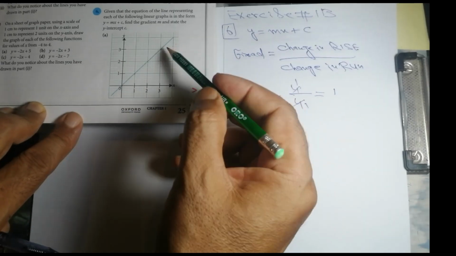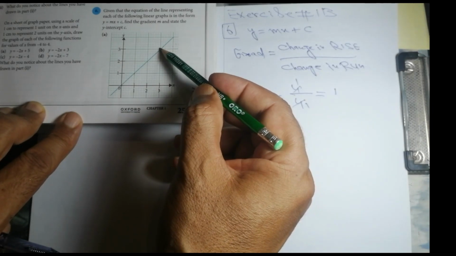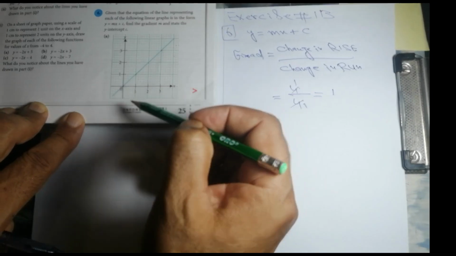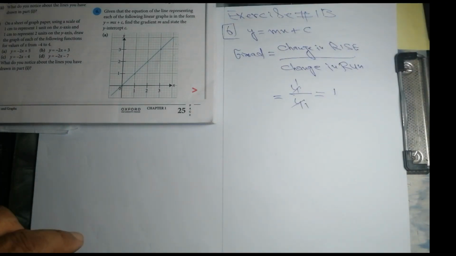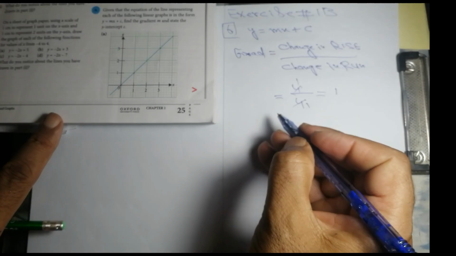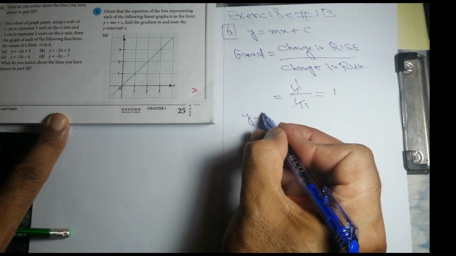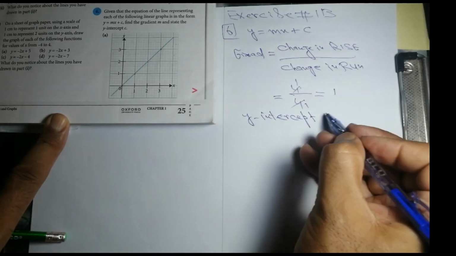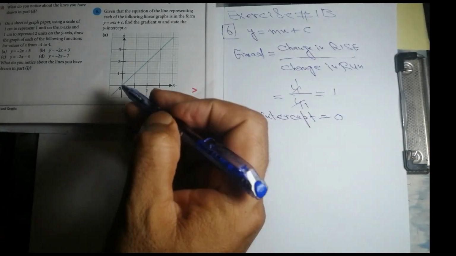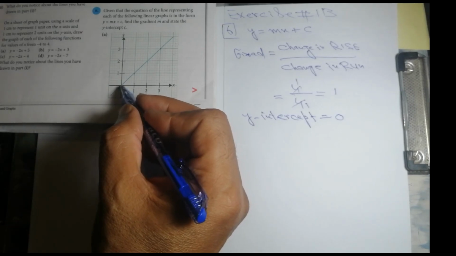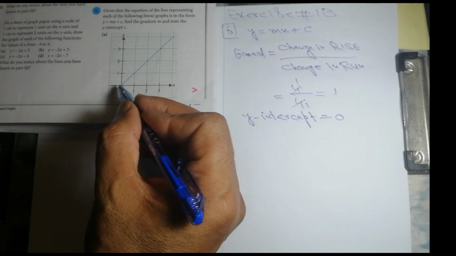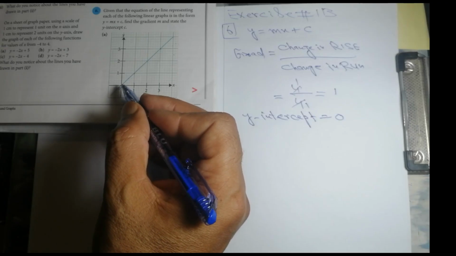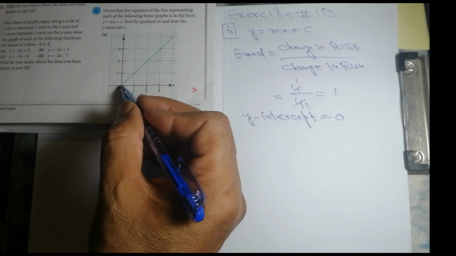We can take any prominent point and find its vertical distance, which is also called rise, and its horizontal distance, and find the gradient. So gradient equal to 1 and the y-intercept is 0 in this case, because it is intersecting the y-axis at point (0, 0). So we need to take the y coordinate of this point.